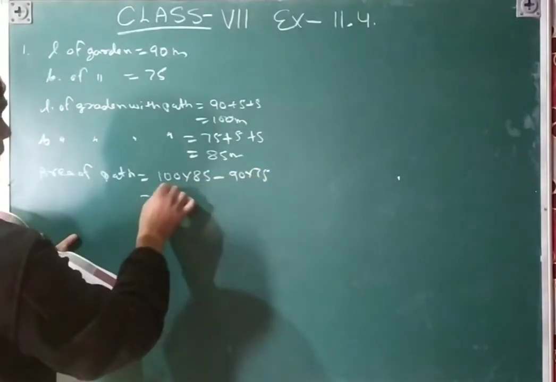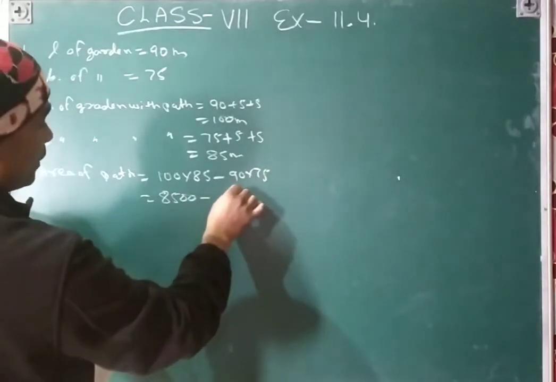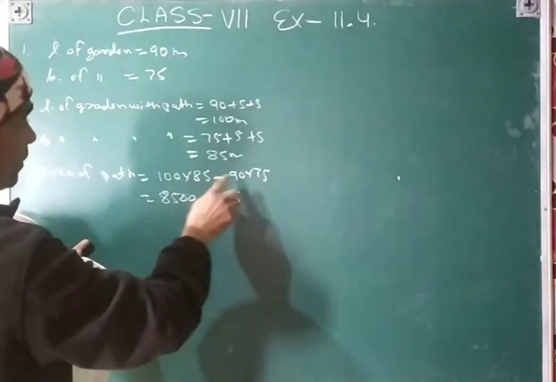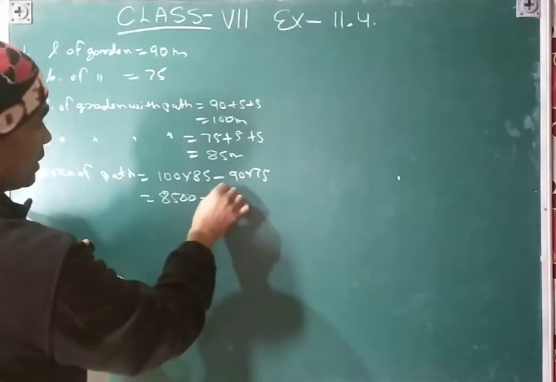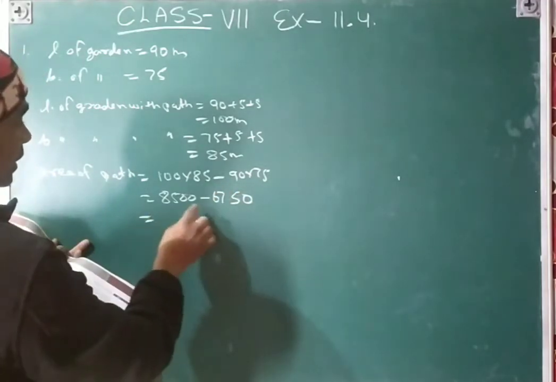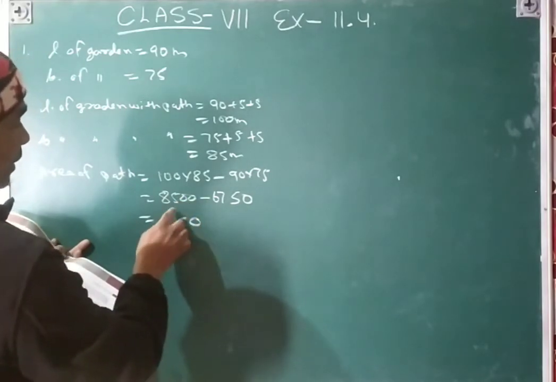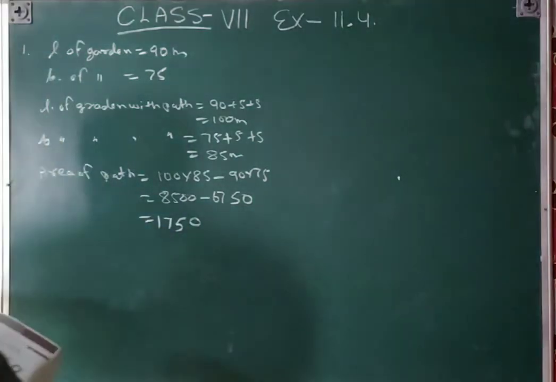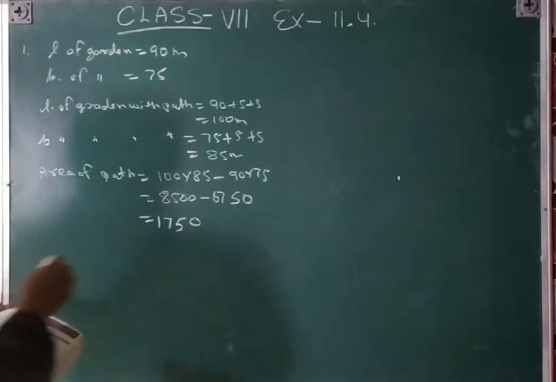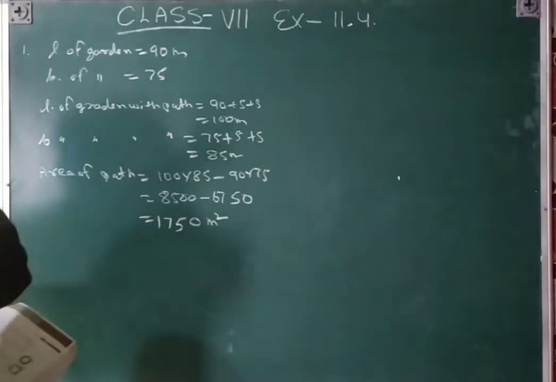That is 8500 minus 6750, and by subtraction we get 1750 meter square, which is the area of the path.